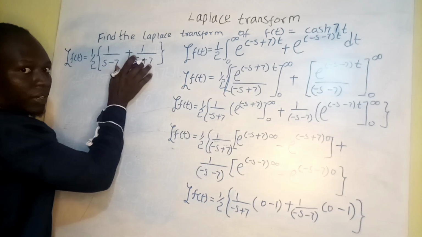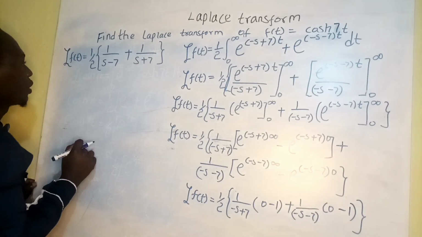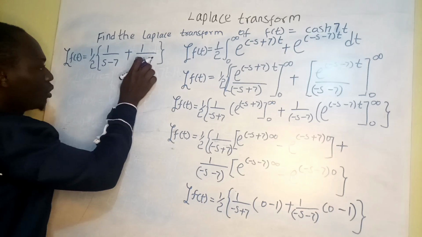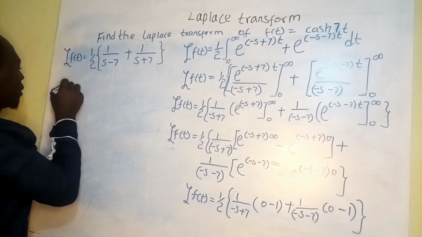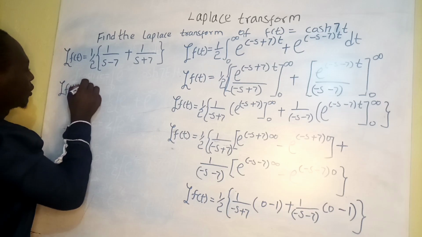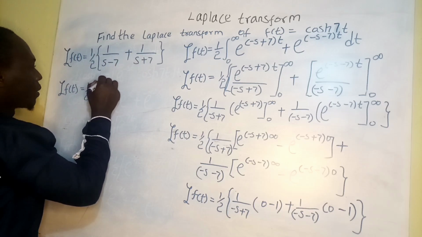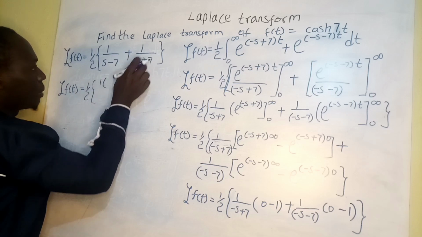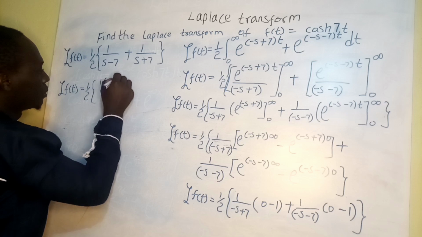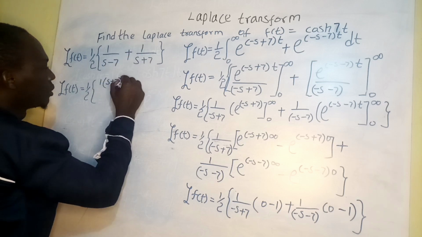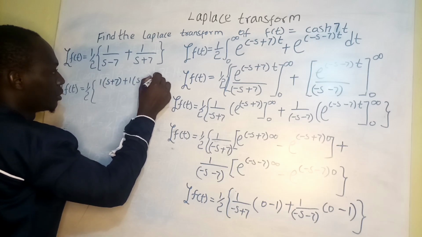Let us now simplify these two brackets, and by simplification of whatever we are having here, we are going to take our cross multiplication, whereby the Laplace transform of our function f of t is going to be a half into 1 multiplied by this one, we multiply by whatever we are having there, s we add 7, we add to 1 into s we multiply by 7.